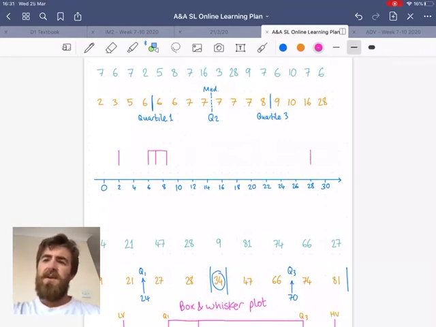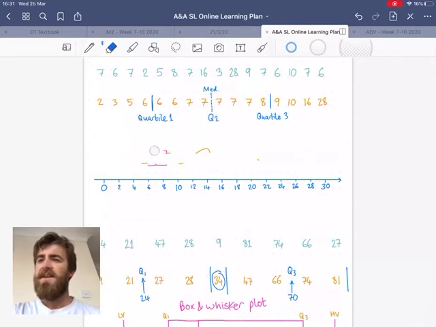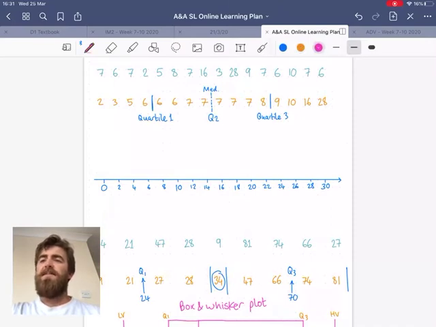We could join them up again with our box in the middle and then our whiskers, but this does not take into account the fact that some of them may have been what we call outliers. So let's get rid of that and have a think about what outlier might mean exactly. Is 28 an outlier? Is 16? Maybe 2?